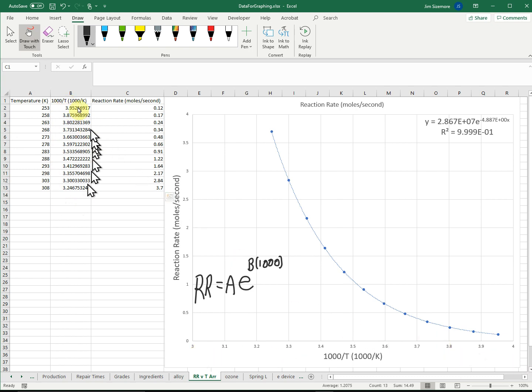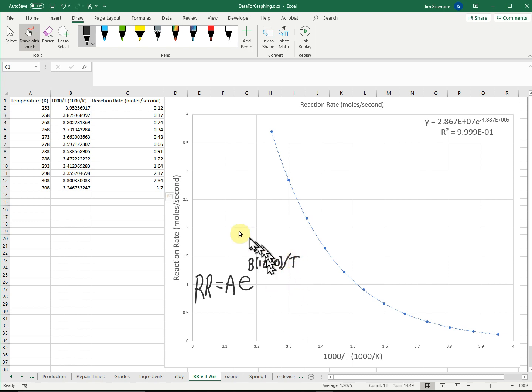Here it is, 1,000 over t. You'll see this commonly in chemistry. You'll see this commonly in engineering, because this is a model that we see a lot. A lot of chemical processes, metal alloying, things like that, are based on what is called an Arrhenius model.